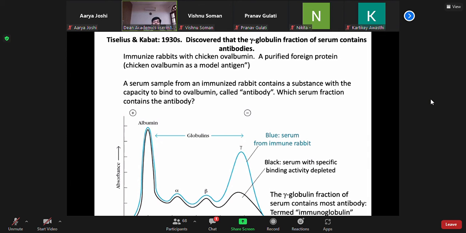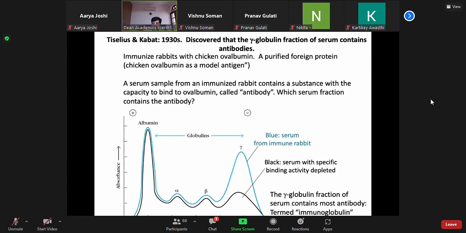Because this was running in the globular region, they called it the gamma globulin fraction. And because it has immune reactivity against the antigen, they called it immunoglobulin. Immunoglobulin migrates in this region. All the others were not changed after adsorption. Albumin is not changing, alpha globulin is not changing, beta is not changing, but the gamma globulin fraction is removed from the serum when it was added with the antigen.